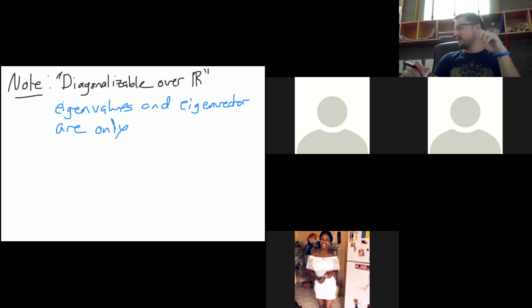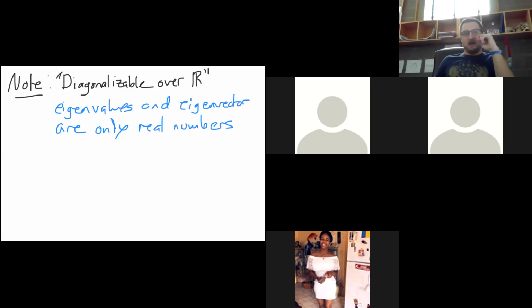So hold on, I can pull out our lecture notes and you can go over an example. But let me finish both of these statements. And maybe after that, the example can help clear it up a little bit. So diagonalizable over R means our eigenvalues and eigenvectors are only real numbers, no imaginary numbers in there.